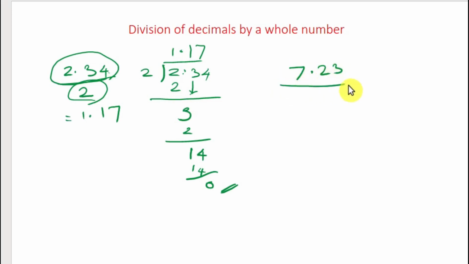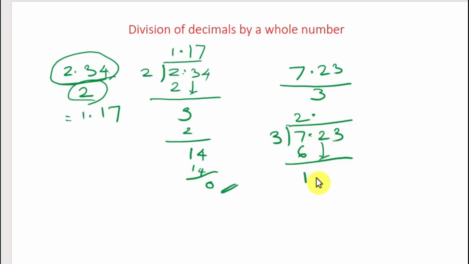7.23 by 3. So I told you the decimal is the numerator. I'm putting it inside, and the divisor, 3, a whole number, I'm putting outside. So how many times? 2 times 3 is 6. 7 minus 6, 1. Point I'm keeping here. 2 I'm bringing down, 12.